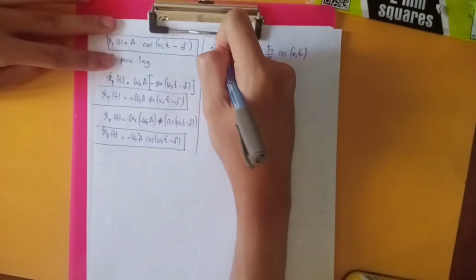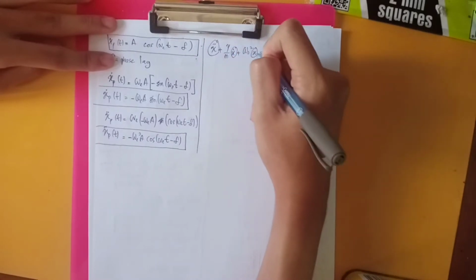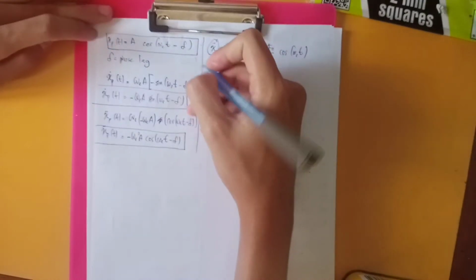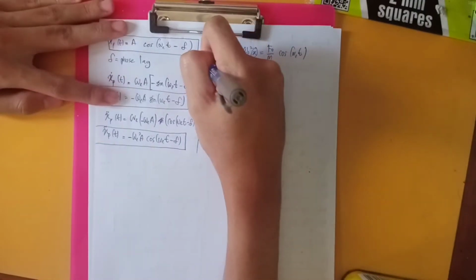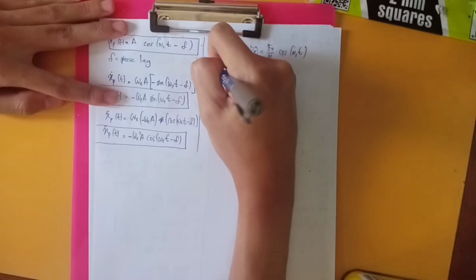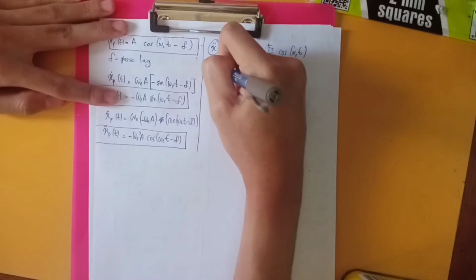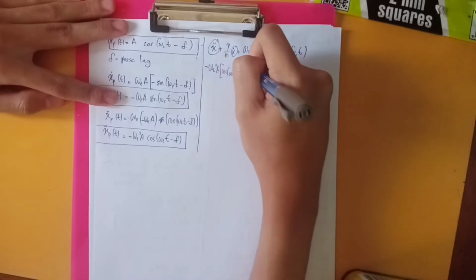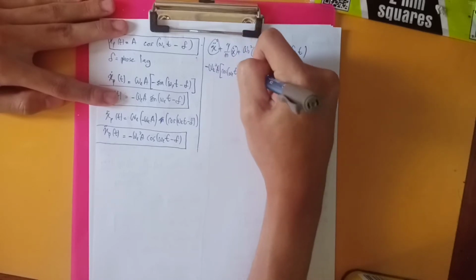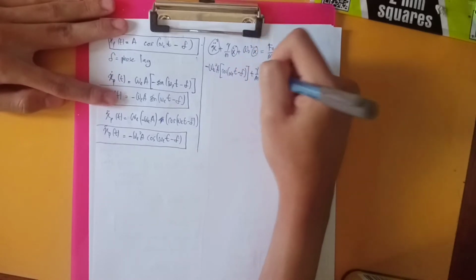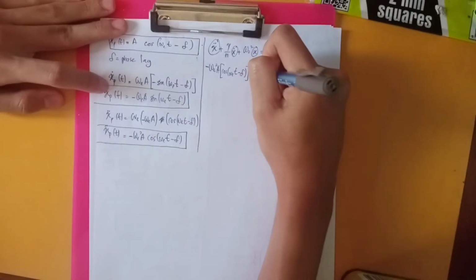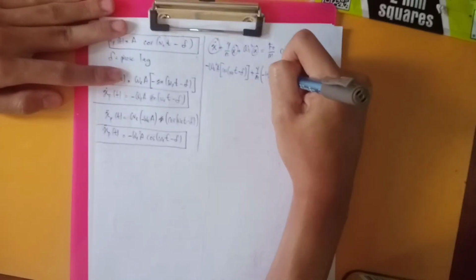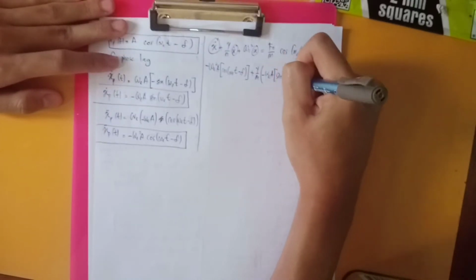We will substitute ẍ, ẋ, and x from these results. For ẍ we get negative ω_e squared A cos(ω_e t − δ), and then plus γ over m times ẋ, which is negative ω_e A sin(ω_e t − δ).